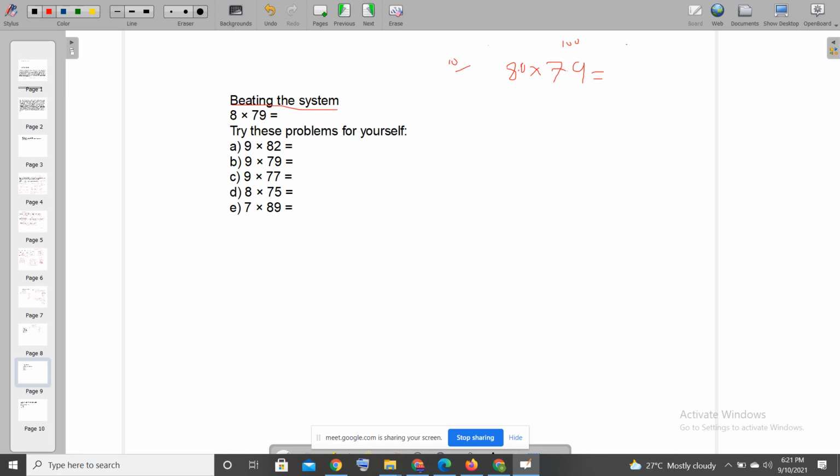Now I have 50 and 100. But it's easy to work with 100 than 50. So I'll pick my reference number as 100.